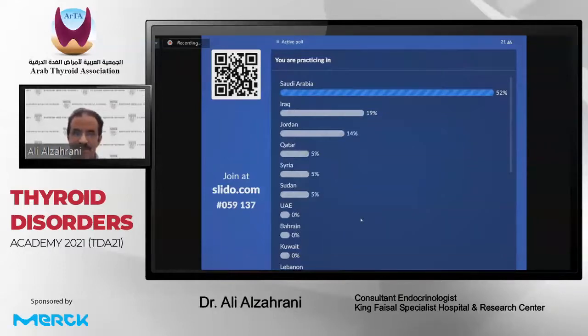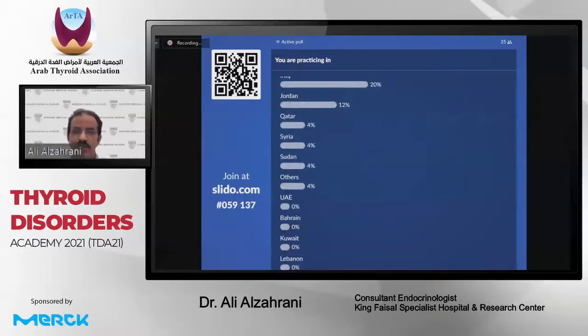Any more? I'm pretty sure that some people have not yet connected to the system. If you have a scanner in your mobile, scan this, or just put in the website slido.com and enter this number, 059137.